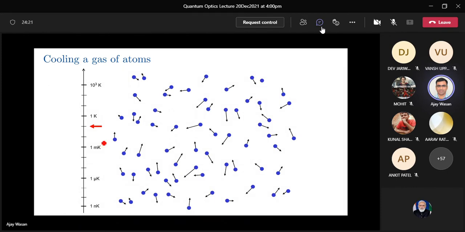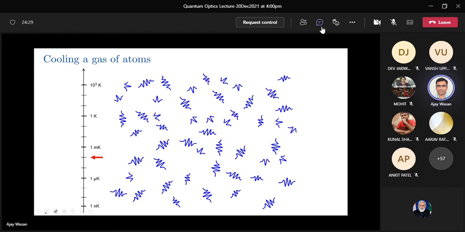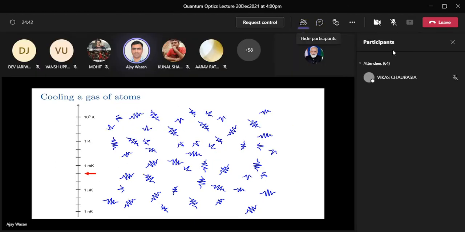Then we reduce the temperature. I am showing here some of the atom velocities start reducing, and more reduced. Then as the temperature reduces, the corresponding de Broglie wavelength starts coming. That I am showing here in this figure.